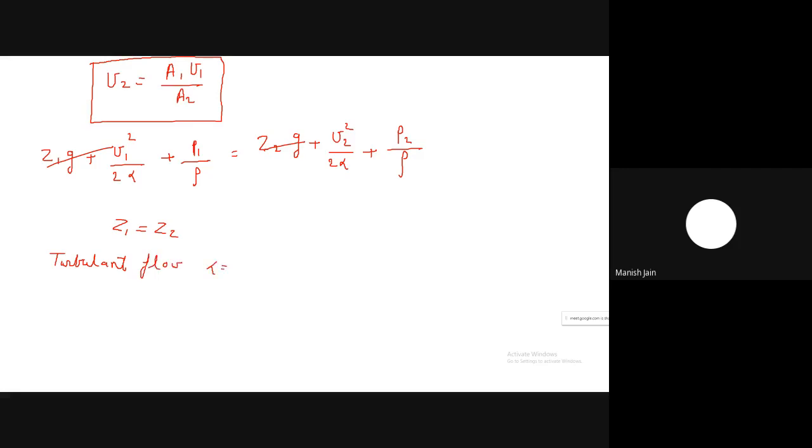So alpha equal to 1. So this equation will reduce to V1 square by 2 plus P1 by rho, that should be equal to V2 square by 2 plus P2 by rho.